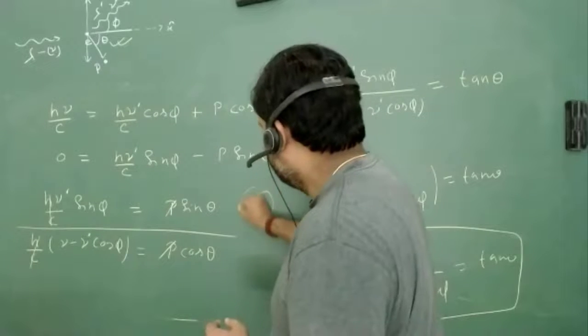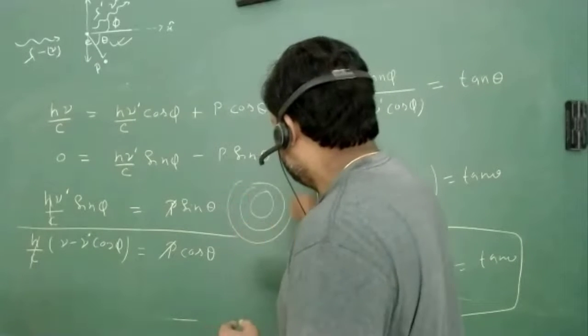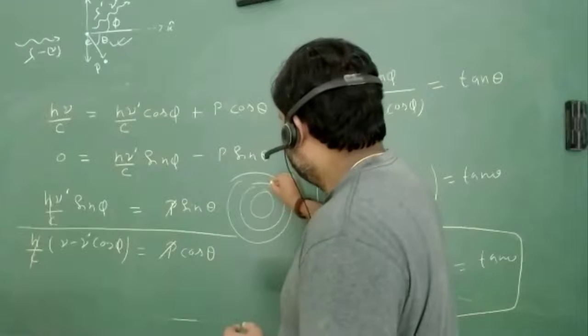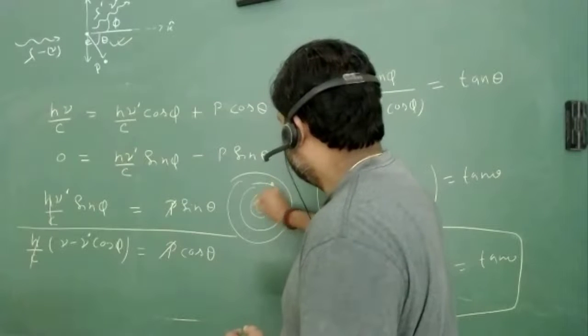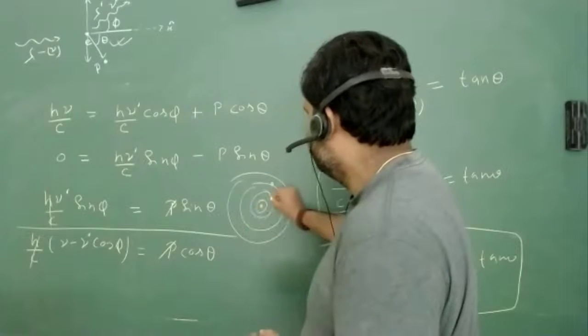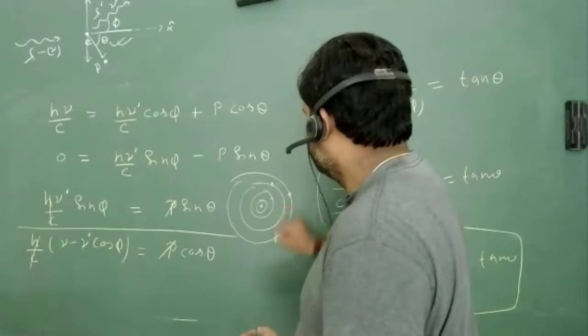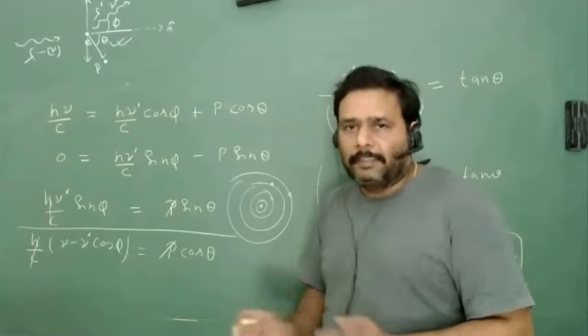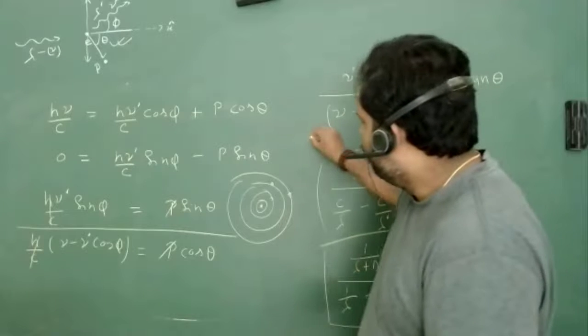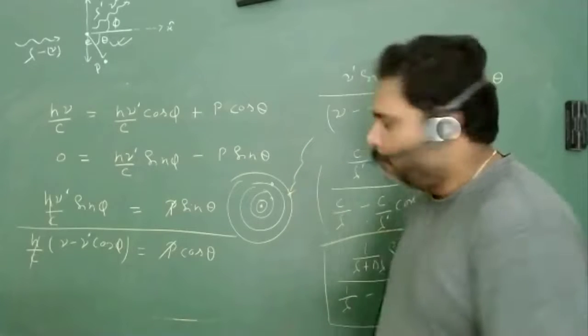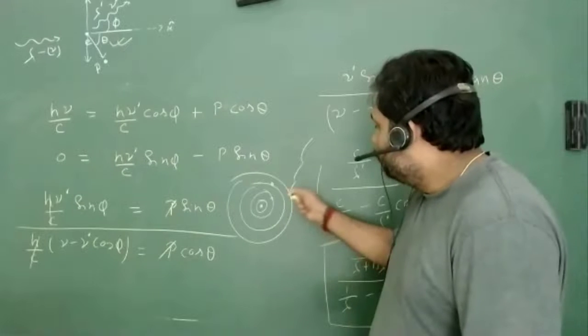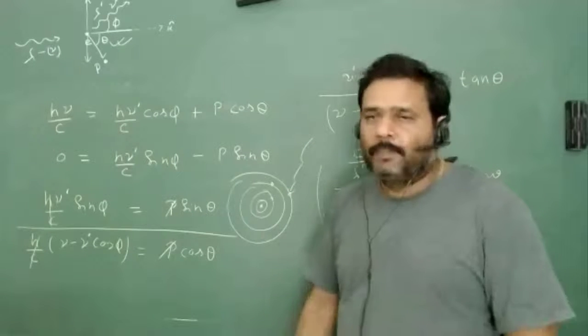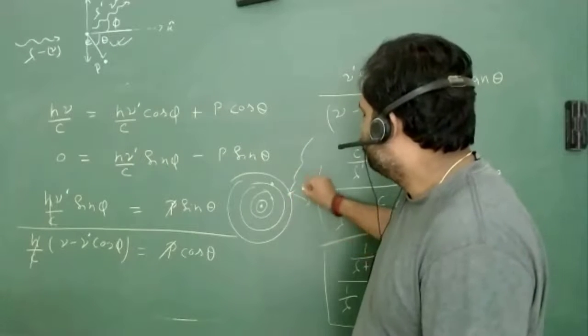I am just trying to explain in a very simple way. Suppose this is some orbit, this is some orbit, this is some orbit, this is the inner orbit and this is the nucleus. Suppose here is also an electron, here is also an electron. So all electrons are more or less bound. But if an X-ray comes to this electron, it is assumed to be free, so it will produce the Compton effect.